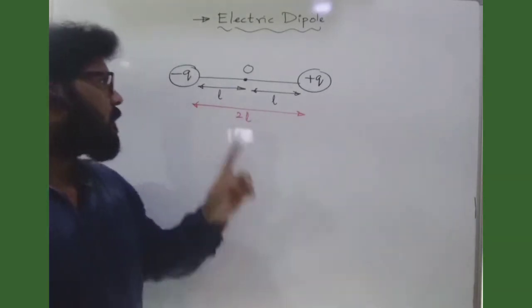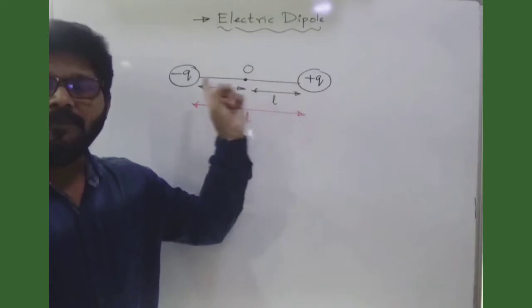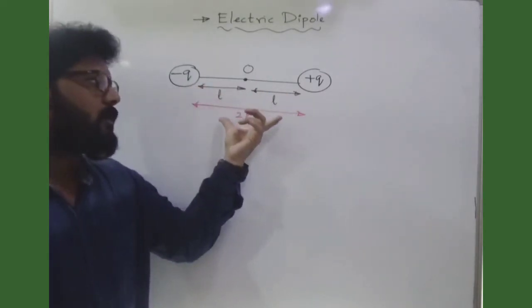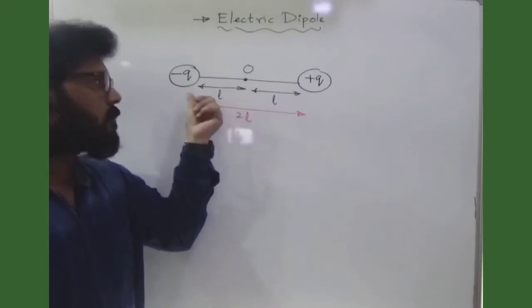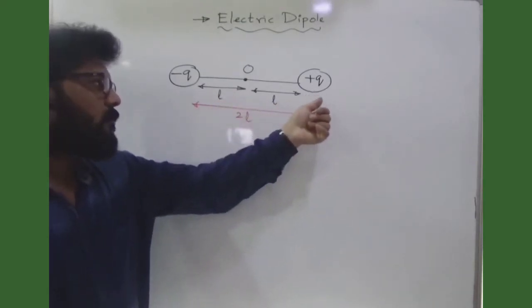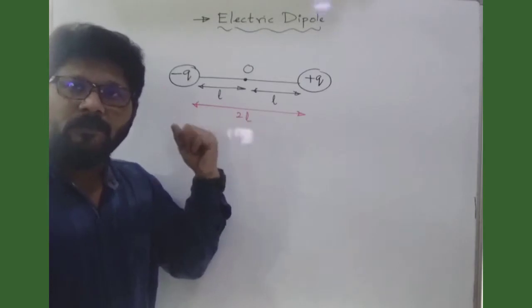So I am taking two charges, one positive and one negative, separated by a small distance: L from the center to the negative charge, and from the center to the positive charge it is L. The total length is 2L.